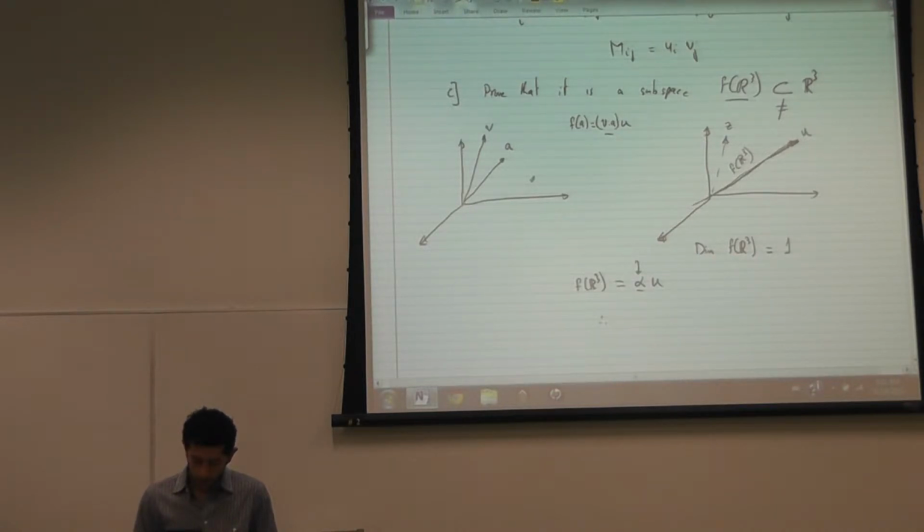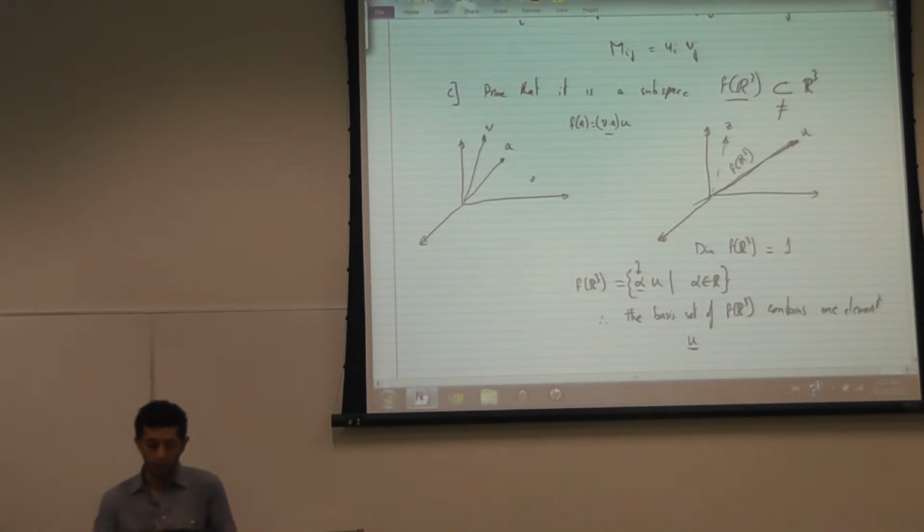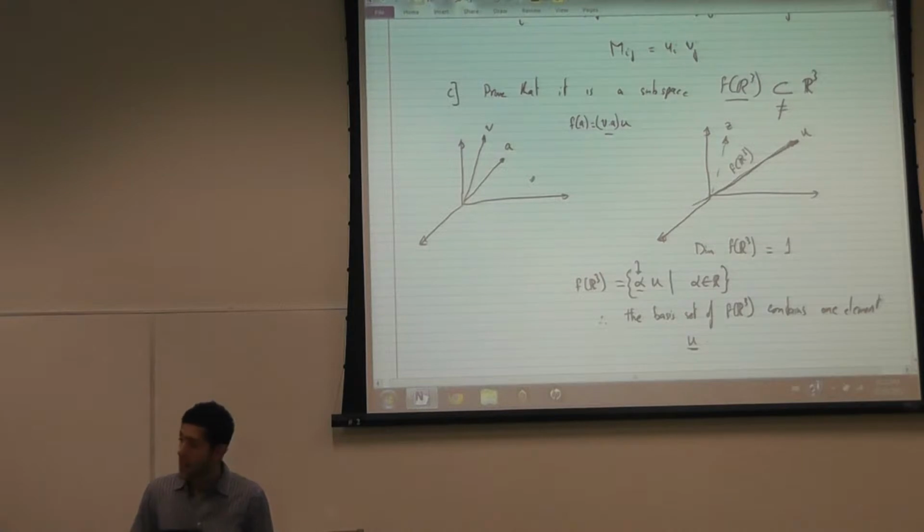Therefore, F of R3 is a set that's made out of alpha u, where alpha belongs to R. Therefore, the basis set of F of R3 contains one element, u, or a multiple of u, because any element in F of R3 can be written as a multiple of u.